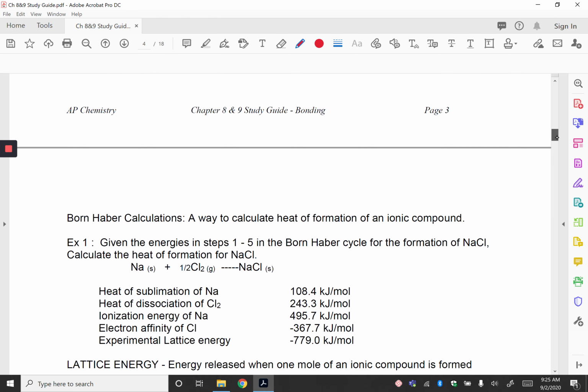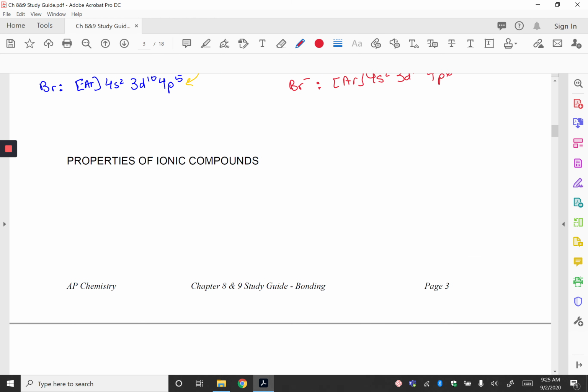Let's review some of the properties of ionic compounds. So remember, ionic compounds conduct electricity, but only when they're dissolved or melted. Most of them dissolve in water. Not all, but most.